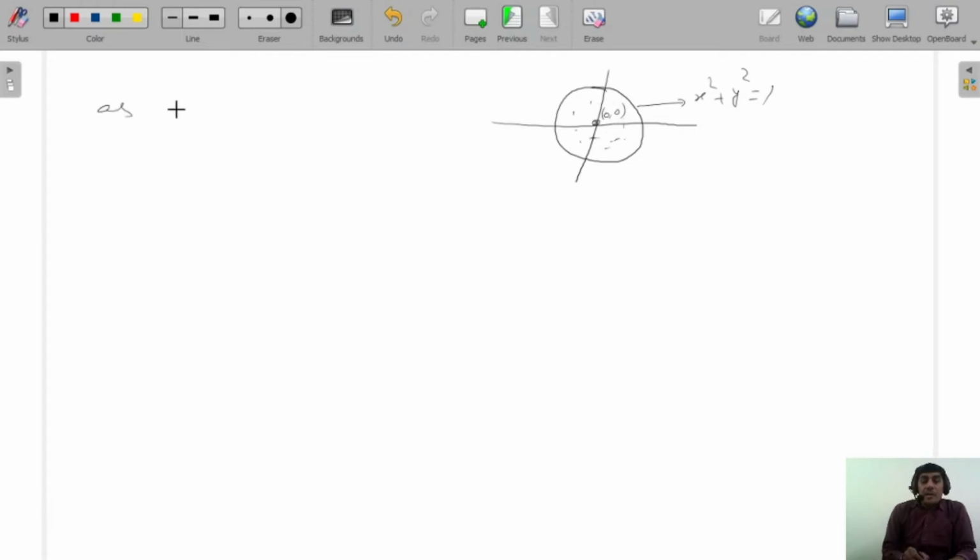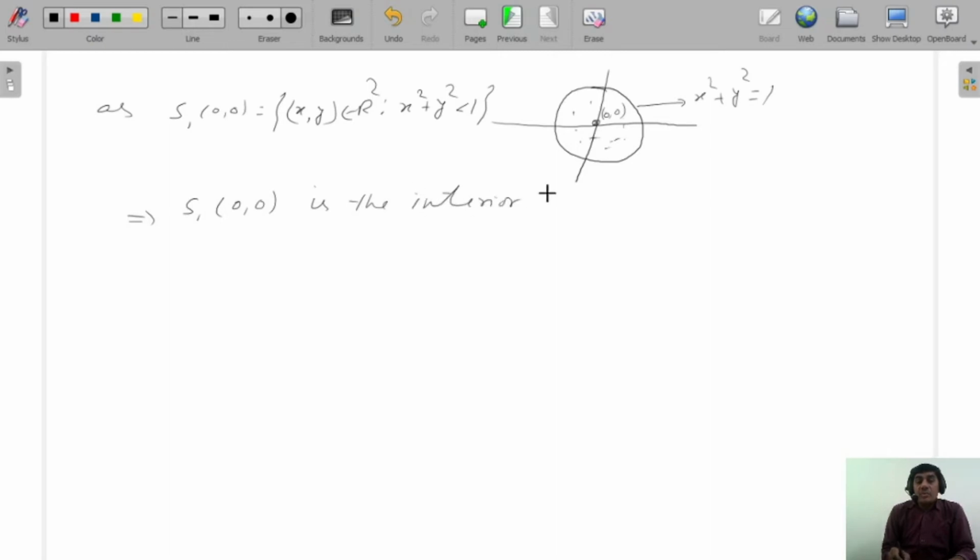As sphere centered at (0, 0) with radius 1 is equal to the set of (x, y) belonging to R square such that x square plus y square is less than 1, this implies S1(0, 0), the sphere centered at (0, 0) with radius 1, is the interior of the circle whose center is (0, 0) and radius 1.